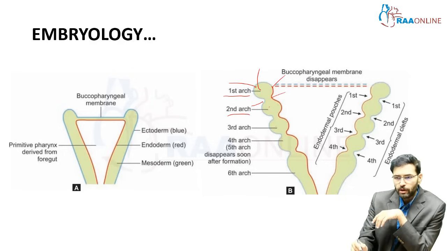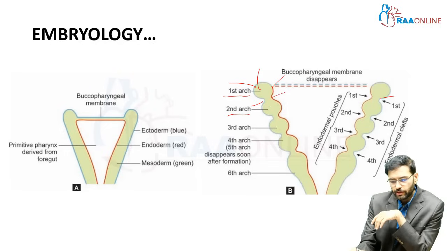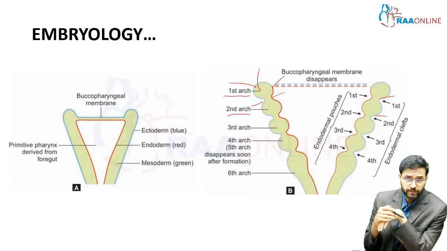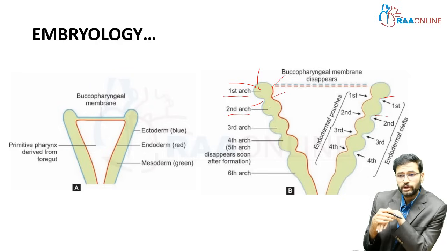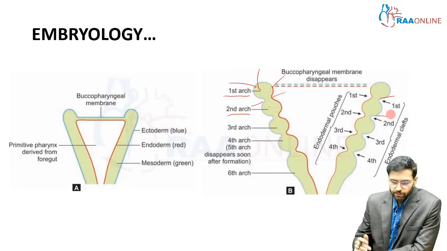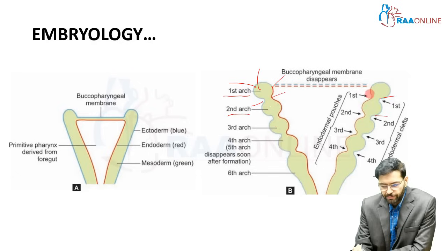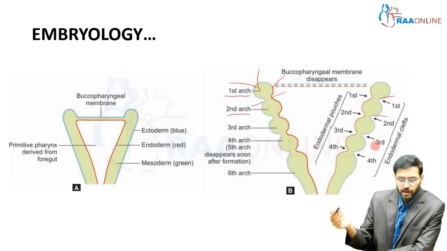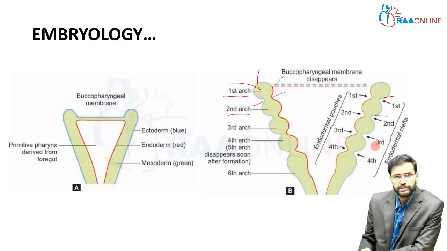The ectodermal or the blue areas like you see here form depressions called ectodermal clefts, also called pharyngeal branchial clefts or pharyngeal clefts. As you can see here, these clefts and pouches are located between pharyngeal arches. So, you have first, second, third and fourth pouches, and first, second, third, fourth pharyngeal clefts.